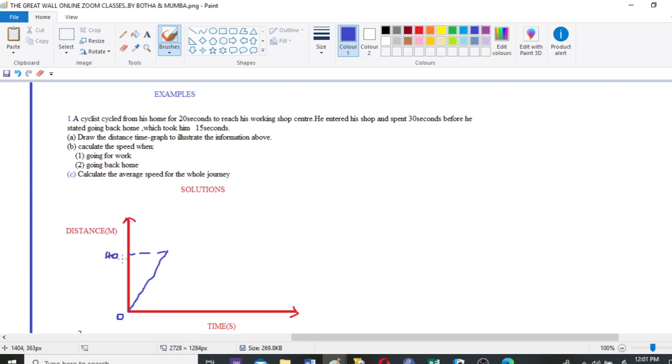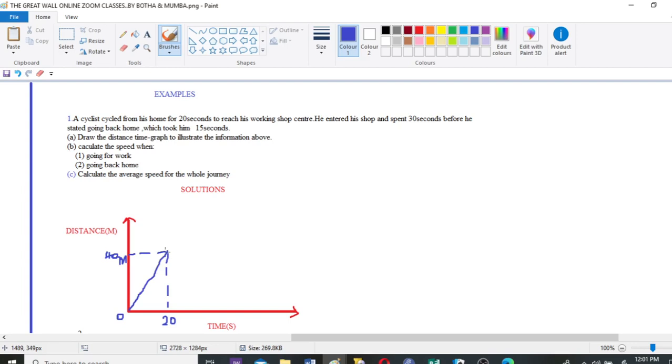I mean 40 meters, this is the distance, sorry. Now this person has covered that 40 meters, which is the distance, in 20 seconds. Now what happens after reaching his workplace?